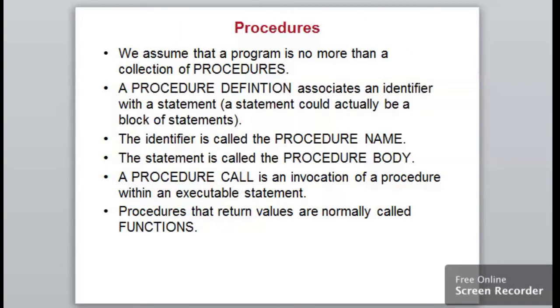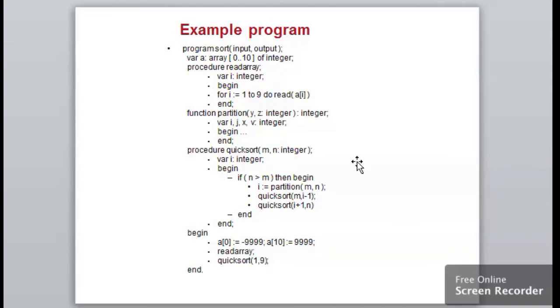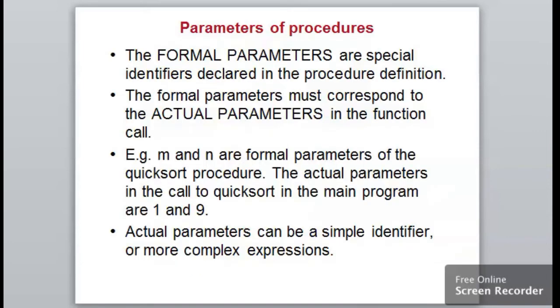That is the control flow. For example, in the given program, let us say the function partition with m comma n is called. After executing that function, the statement immediately following that call would be executed. That is the control flow.